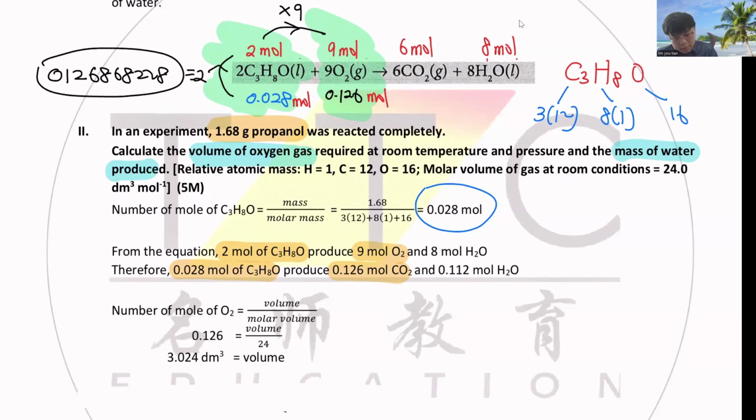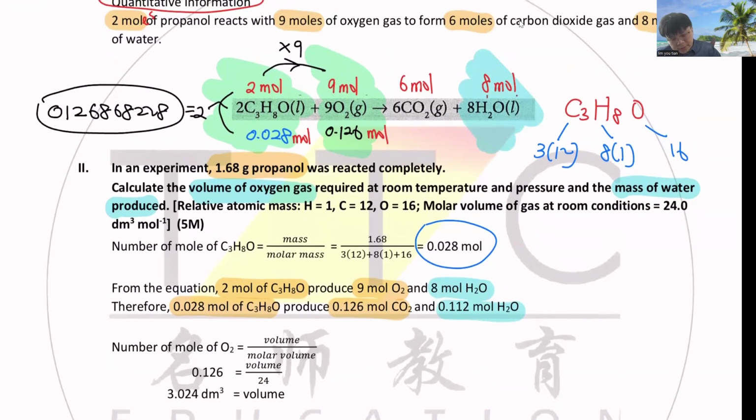They want water this round. So for water, you can see the ratio here. Same, you take 0.028 divide by 2 times 8. You get the number of mole is 0.112 mole.